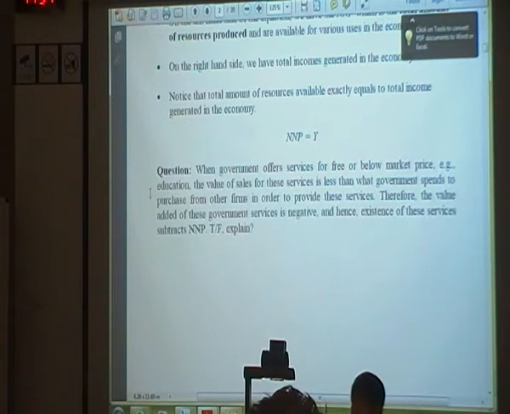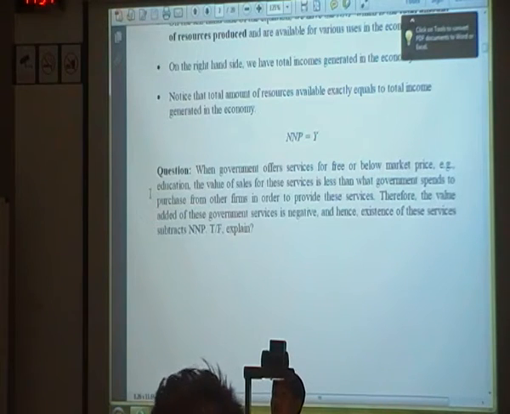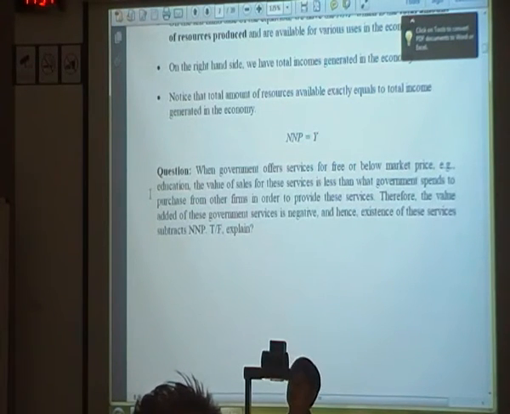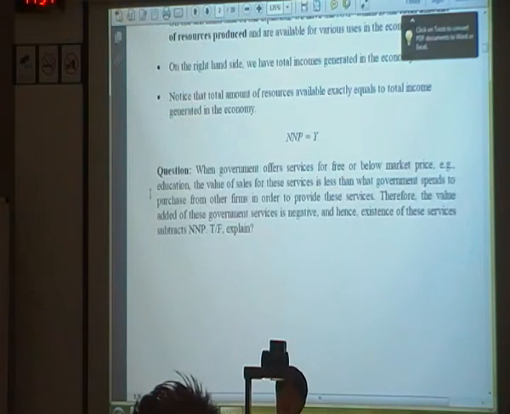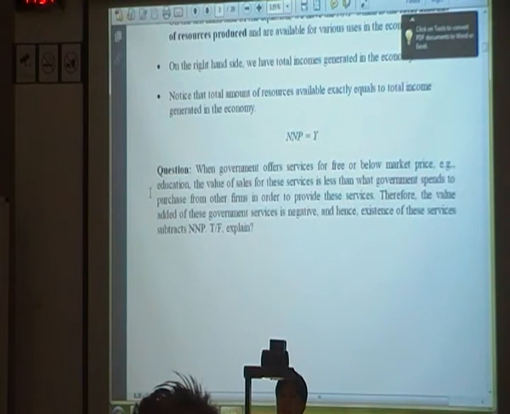Yes, the answer is false. Why? Does education go through depreciation? You know what it means if education goes through depreciation? It means you go to school every day and then you become less and less clever. If you have such experience, don't go to school.